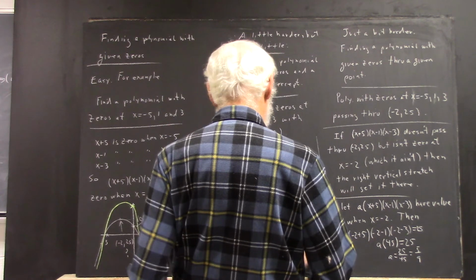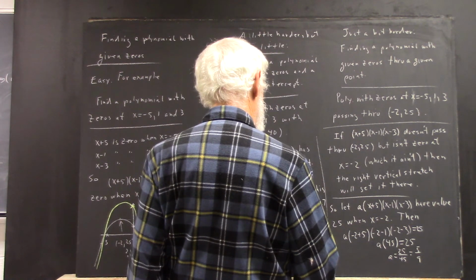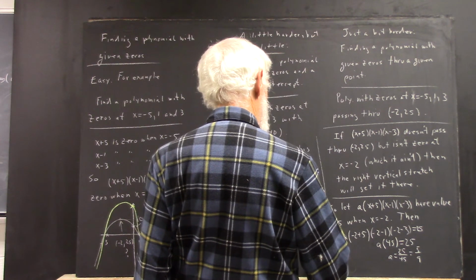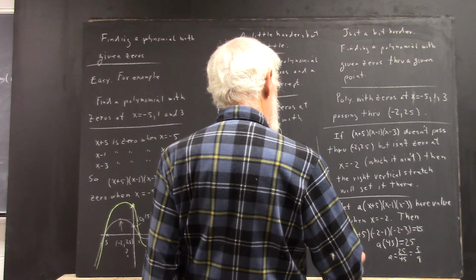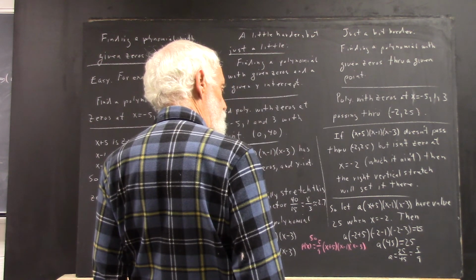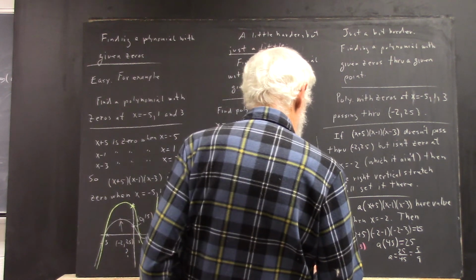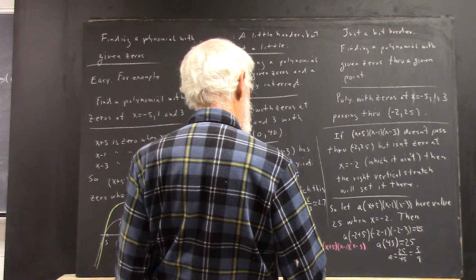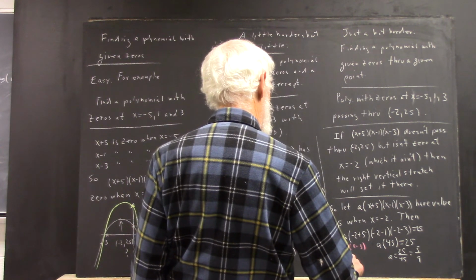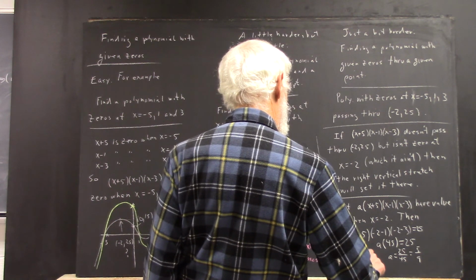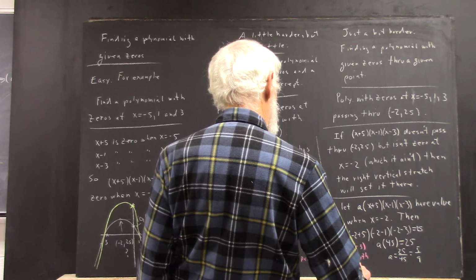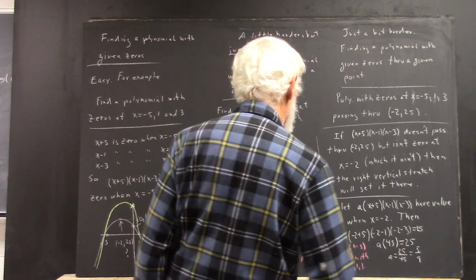So P of x equals 5/9 times x plus 5 times x minus 1 times x minus 3 passes through -2, 25, and has the zeros at x equals -5, 1, and 3.